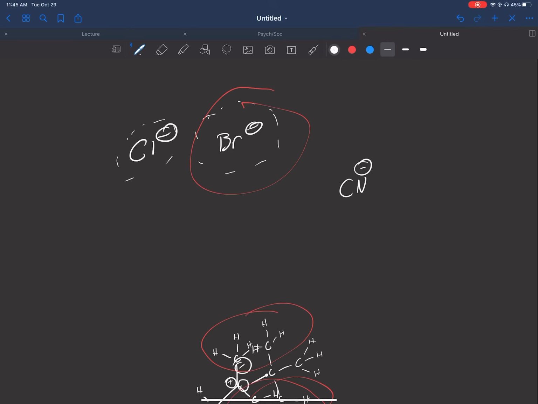There's no way you could really tell just by looking at it, but you will learn with practice that CN minus would be a good nucleophile, bad base. Okay? So, yeah. All right, and again, a lot of the stuff is with practice, and I'll show you a lot of example questions, come up with charts and stuff like that.